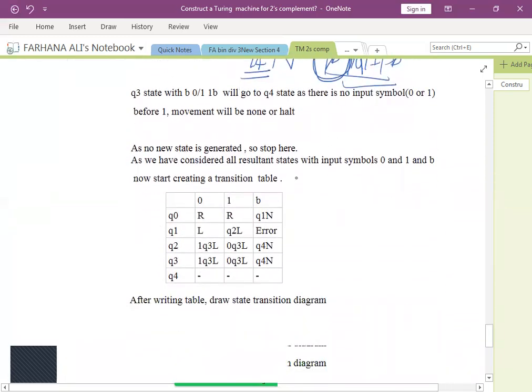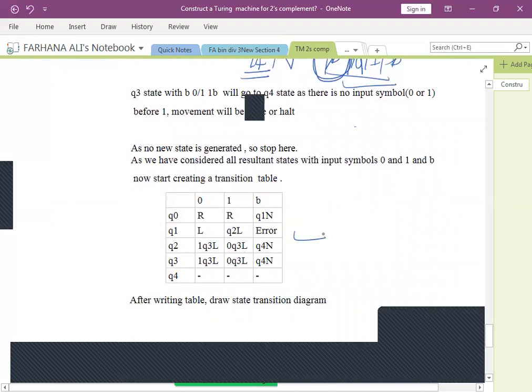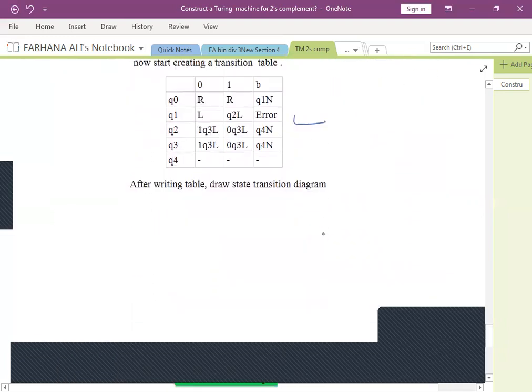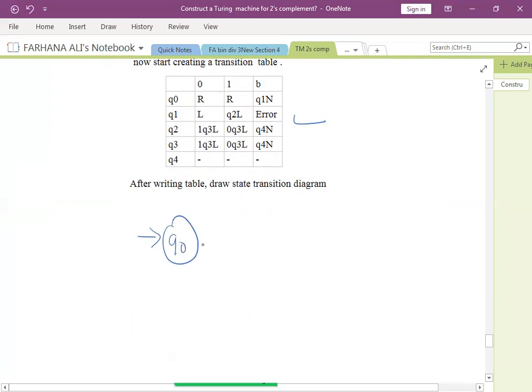After finding all the states, what we are going to do? We are going to write the state transition table, and after writing the state transition table, we are going to draw the state transition diagram. So we start with Q0. Q0 with 0, where is it going? It is going towards the right hand side and it will remain in the same state.